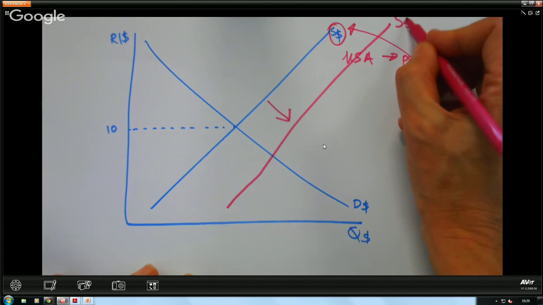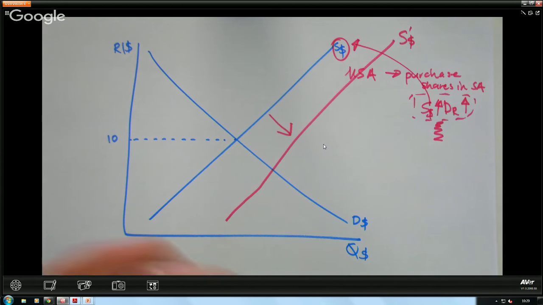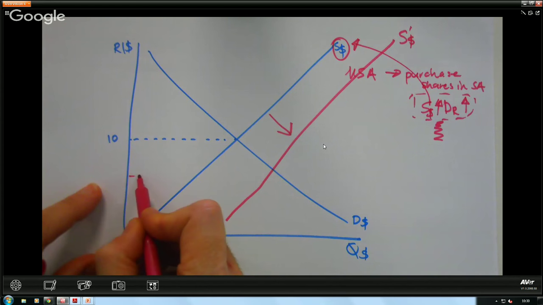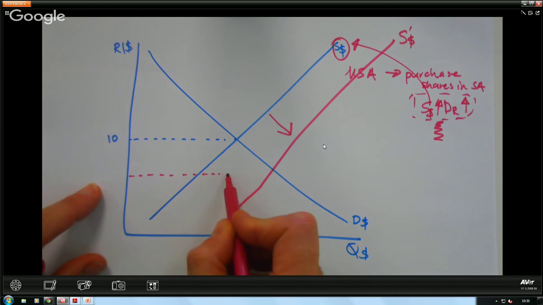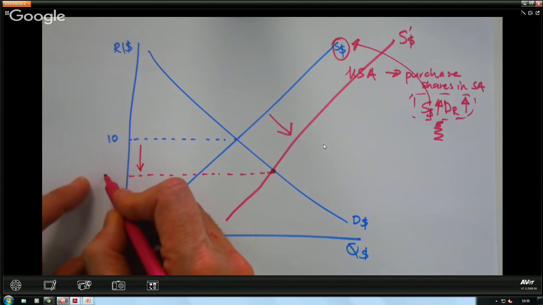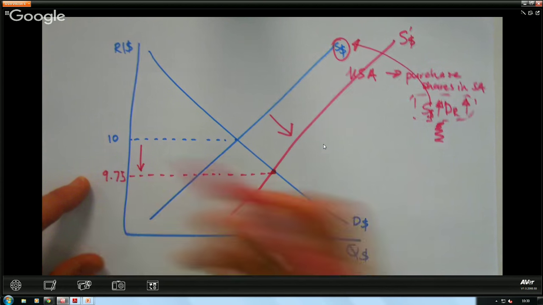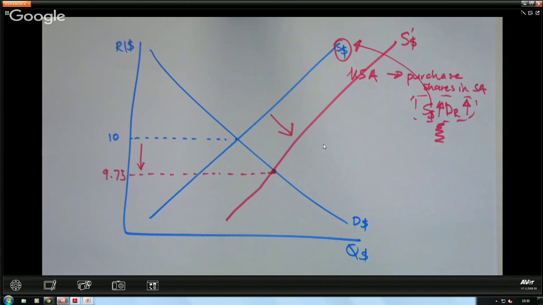Supply of dollars increases. And what would be that single transaction's impact at that moment on the Rand, and the next moment it's different again. You remember that? That would mean this is a financial account transaction that at that point would, let's say, just overdo it, go to 9.75 for instance from 10.